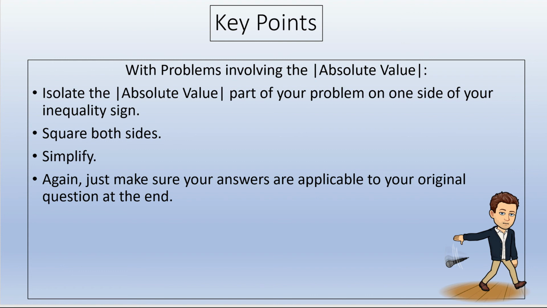Sometimes if they put an algebraic fraction inside of your absolute value sign, there might be an answer that you get at the end that won't work with the fraction. In other words, let's say you got 1 all over x minus 2. The condition for this fraction is that your x cannot be equal to the number 2, because if x was equal to 2, then in this fraction you would have 1 all over 2 minus 2.